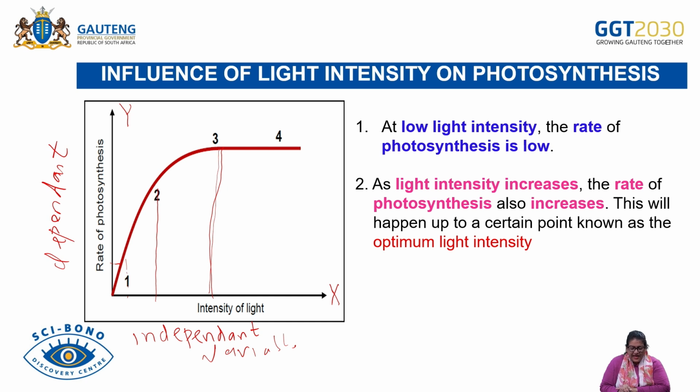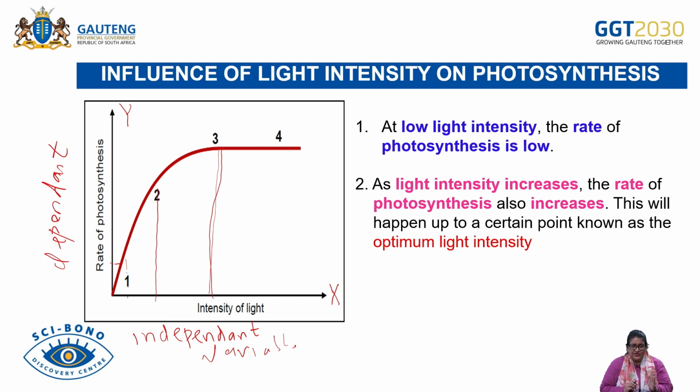We would say at low light intensities, the rate of photosynthesis is low. Now, learners, what I want you to see is that when you are analyzing a graph and you're describing the trend, you must always ensure there is a relationship between your two factors. Your factors are what? Your independent variable and your dependent variable. So what are my two factors that I'm investigating here?